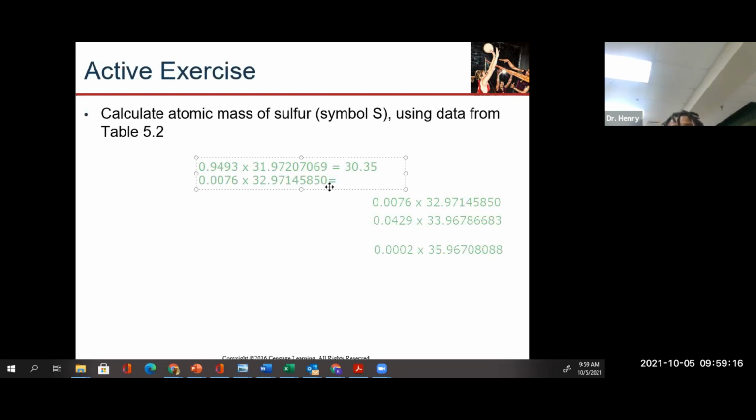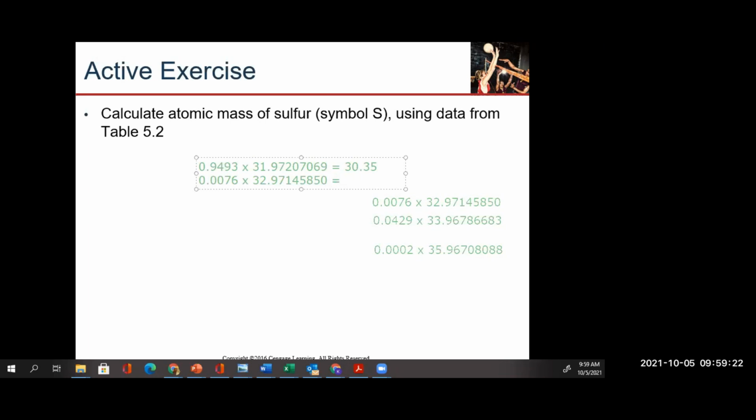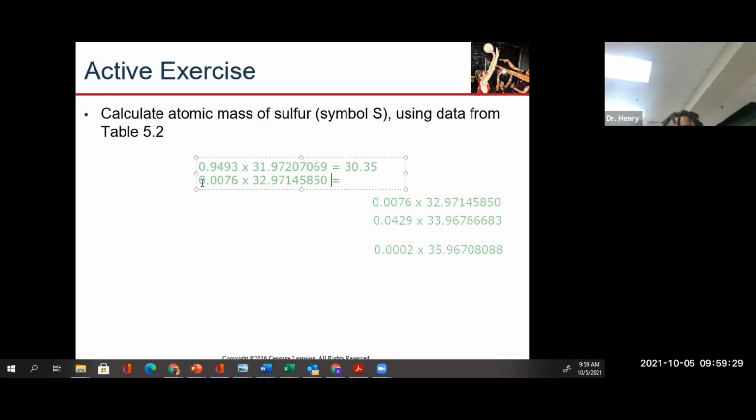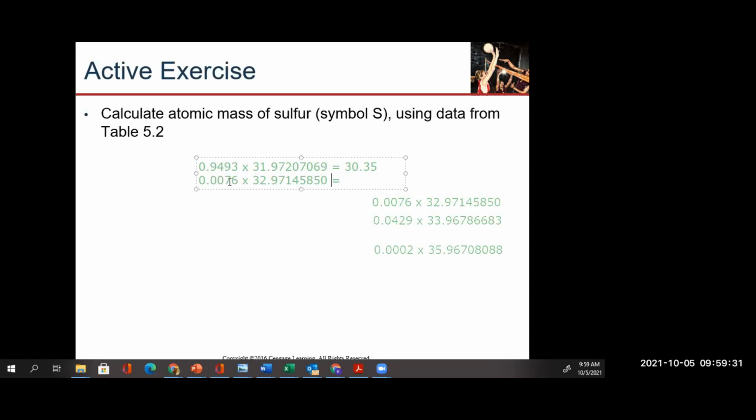How many sig figs should I have here? 3? Are you sure? Because remember, these guys are space holders. Oh, so just 2 then? That's right, 2.